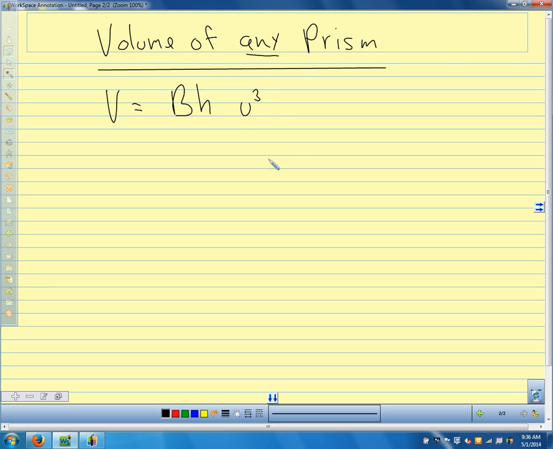And our units are cubed for volume, units cubed. B is the area of the base, and H equals our height. And this is the height of the prism.